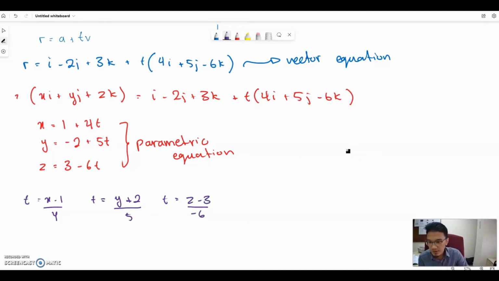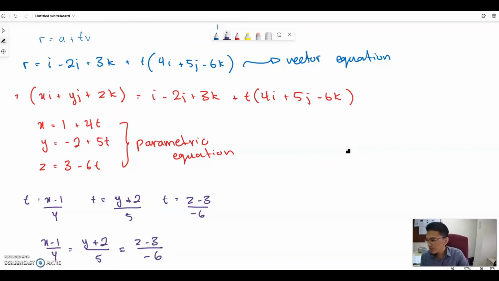So our Cartesian equation is (x minus 1) over 4 equal to (y plus 2) over 5, equal to (z minus 3) over -6. Okay, so that is the answer for the equation.